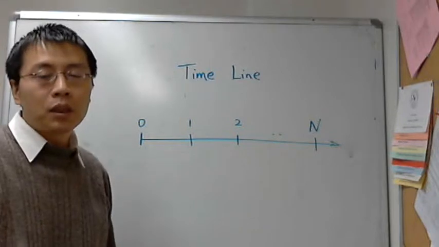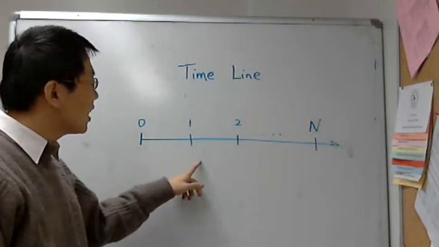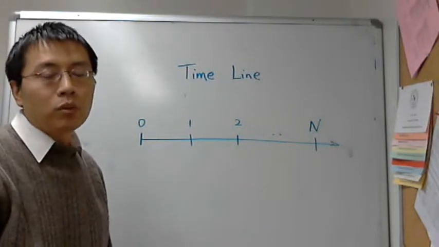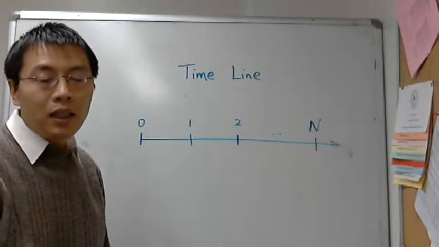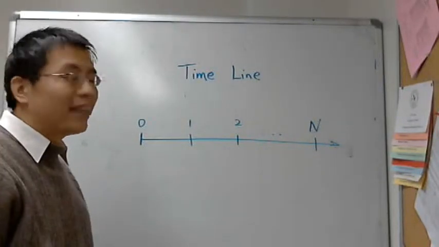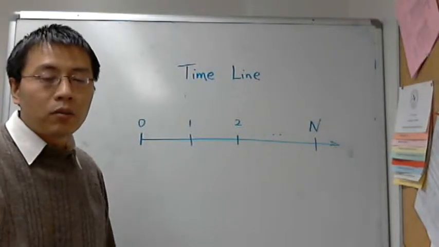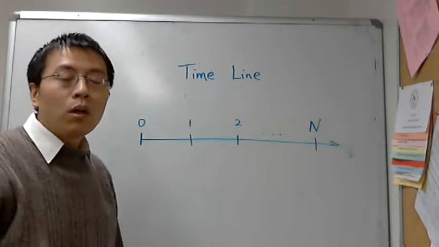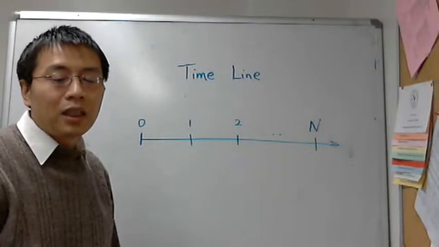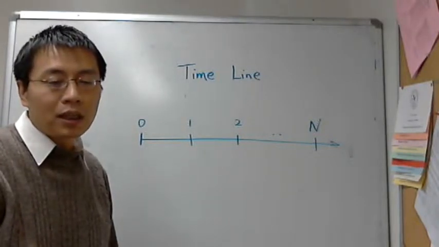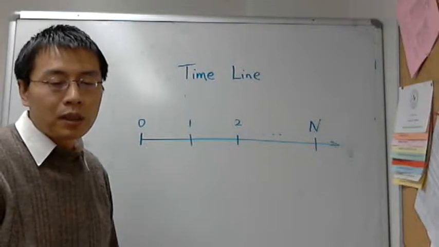It is very important to remember those tick marks on the timeline do not represent years, they represent number of periods. So how can we define a period on the timeline? Normally, one period is the time it takes for the investment project to make one interest payment.